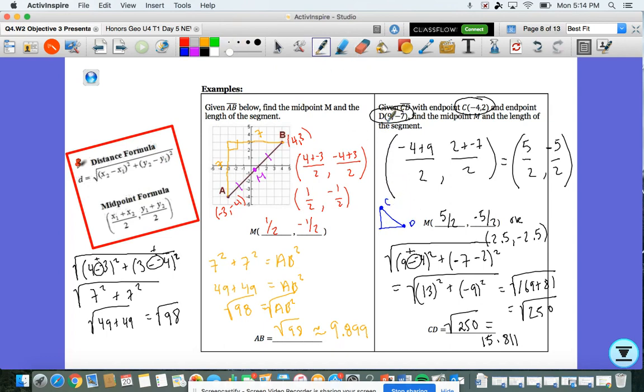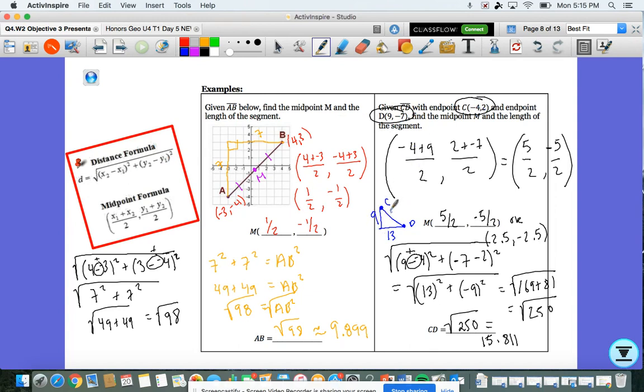What is my change of X? How do you go from 9 to negative 4? Like, what is that gap if I am looking at a number line? To go from 9 to negative 4, that change is actually 13. So that horizontal change, that change of X is 13. What about from negative 7 to 2 on a number line? Well, that change of Y is going to be 9.